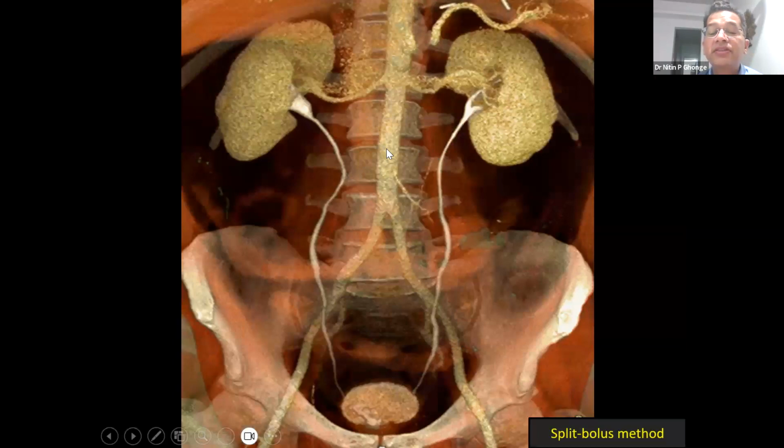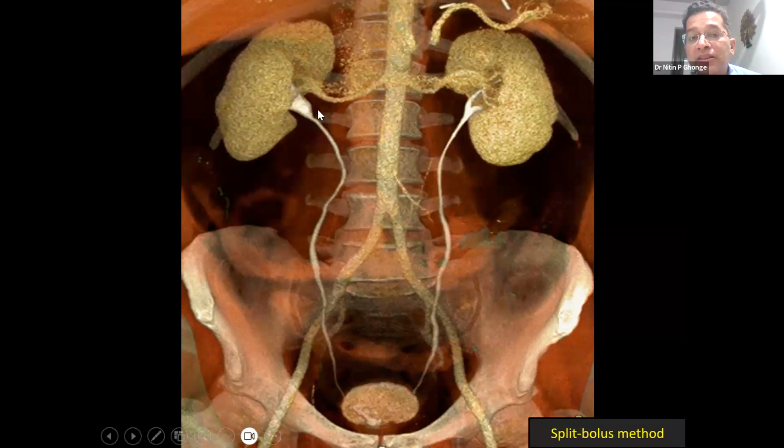This is an image which shows a modification of a CT urography technique where you are seeing the kidneys, the contrast in the ureter, and the contrast in the bladder, and at the same time you are seeing the contrast in the aorta as well as the renal artery and faint opacification of the renal vein also. So this is basically something called a split bolus method where you can give two different boluses of contrast before the scan acquisition on the CT table.